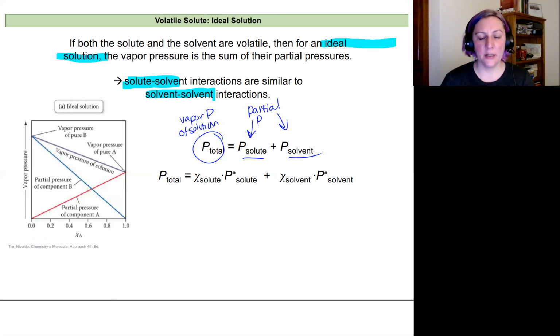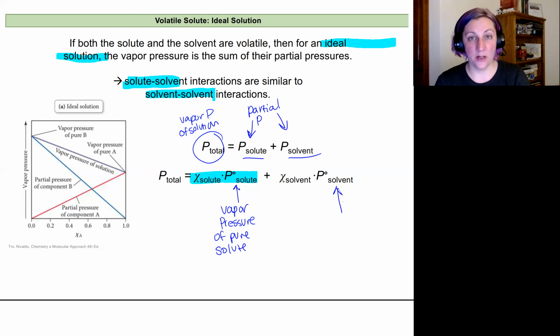So we really need to know how much our solute versus solvent is contributing to our overall vapor pressure. And we're going to get that piece from our mole fraction of our solute times the vapor pressure of the solute. So if I had a pure sample, this P with a dot is our vapor pressure of the pure substance.